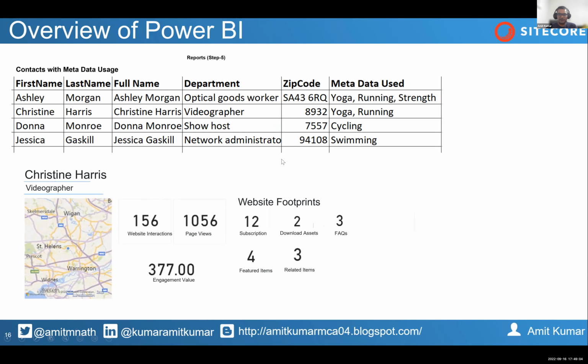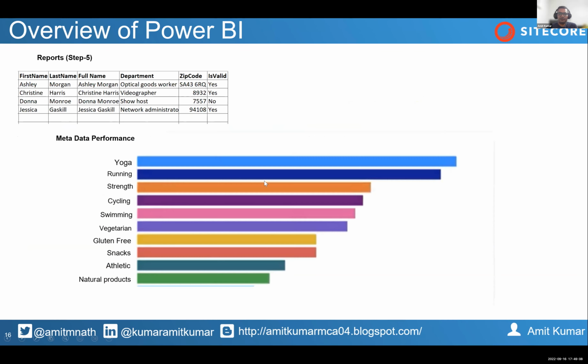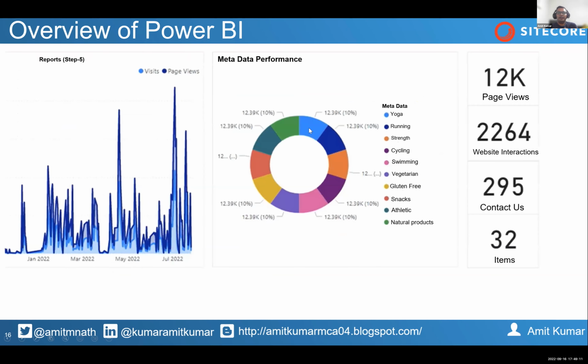But to build this type of report, you need to implement a footprint or an event in your website, because Sitecore will not provide these things by default or out of the box. So you need to rely on your goals, or you need to write custom code to do that.